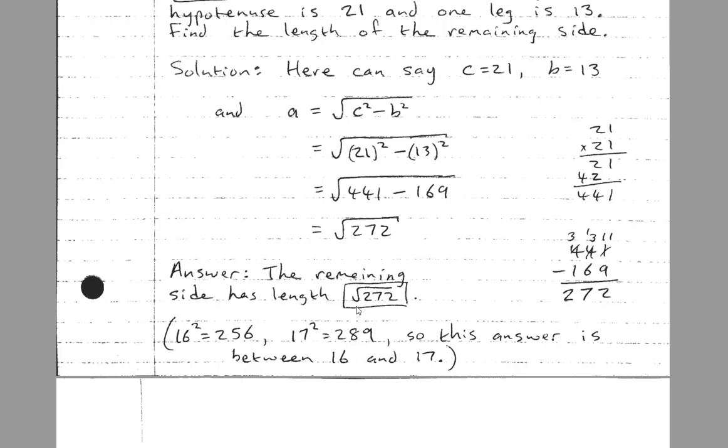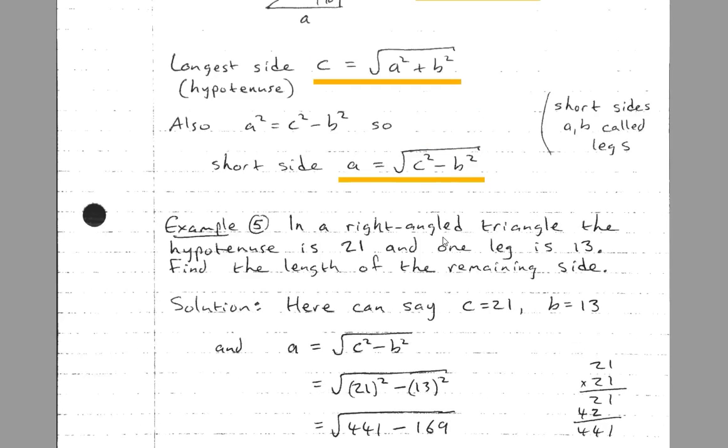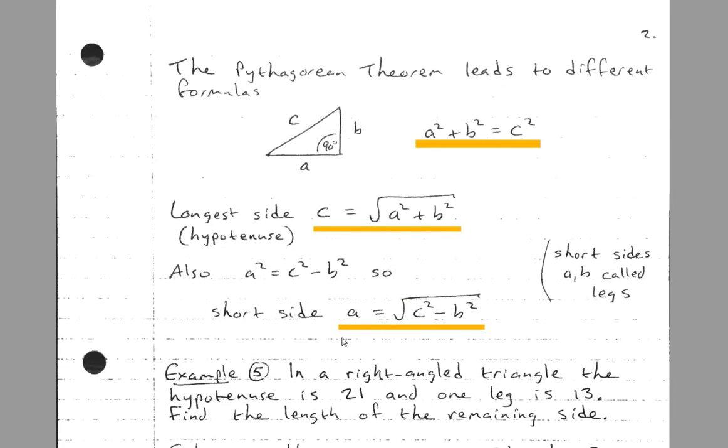Just leave it as a square root. So if you're looking for one of the short sides in a right-angled triangle, use this formula. If you're looking for the hypotenuse, use this formula with the addition.